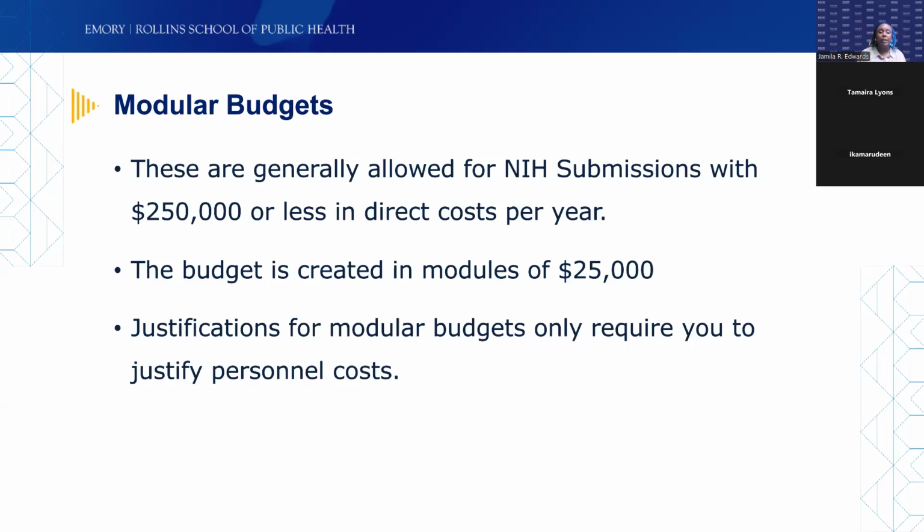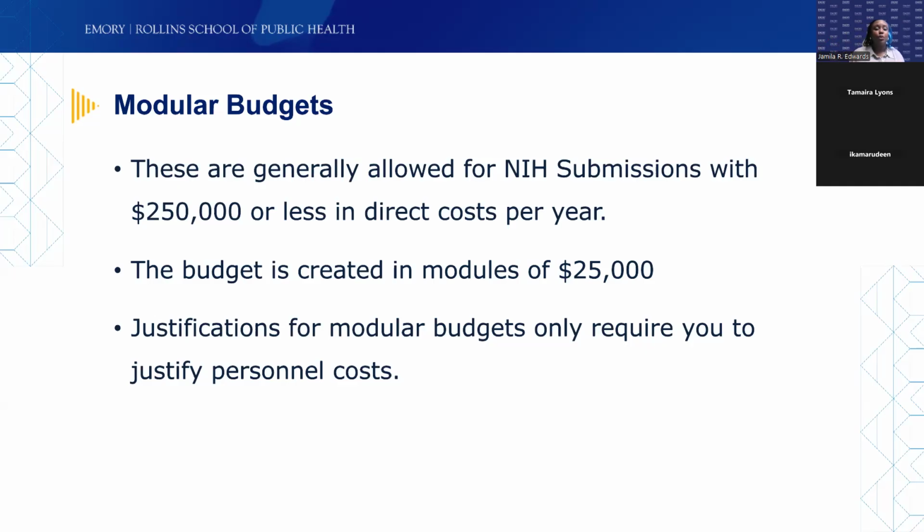So maybe you only need 125. But just know that when you're working through the cost, you don't have to get the full $25,000 of a module spent out in your mind before you request it.